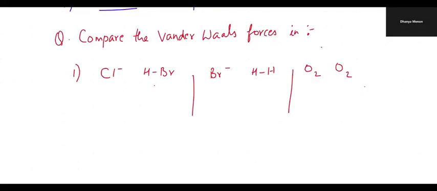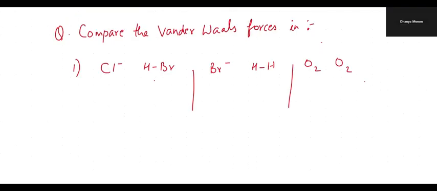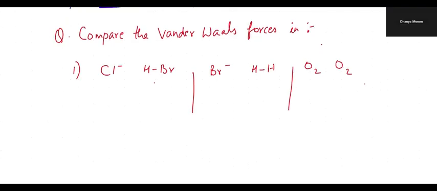Let's practice some questions on the different types of van der Waals forces. Suppose you have a question like this. Compare the van der Waals forces in chloride ion and HBr. Now, chloride ion means it's an interaction between ion and polar molecule. Second one, bromide ion and hydrogen molecule. Bromide ion means it's an ion.